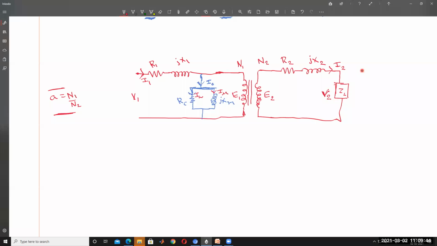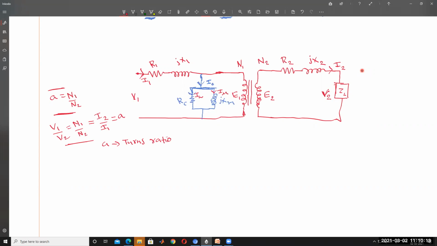And also A is equal to V1 by V2 is equal to N1 by N2, and I2 by I1 is equal to A. A is called the turns ratio.